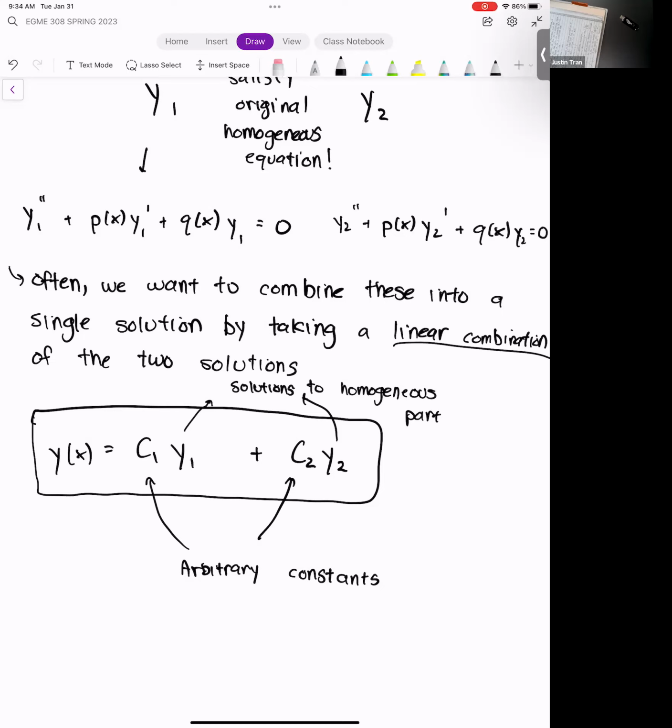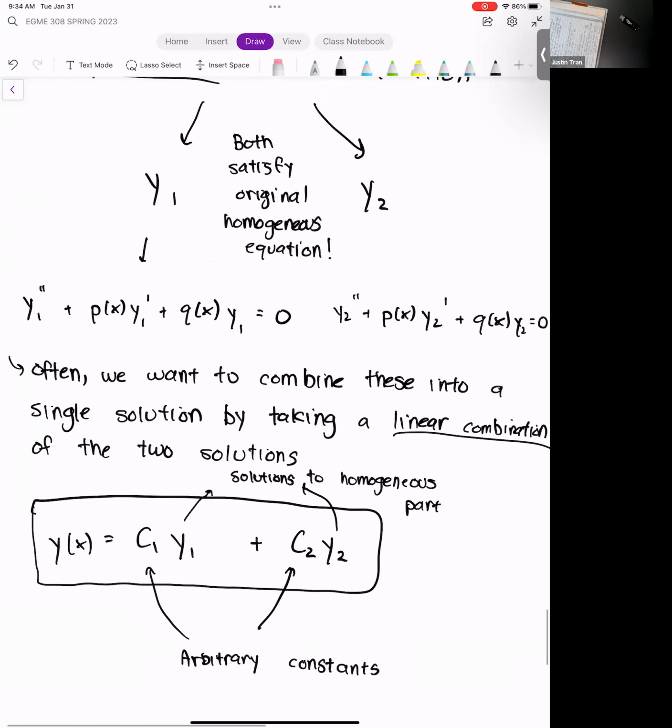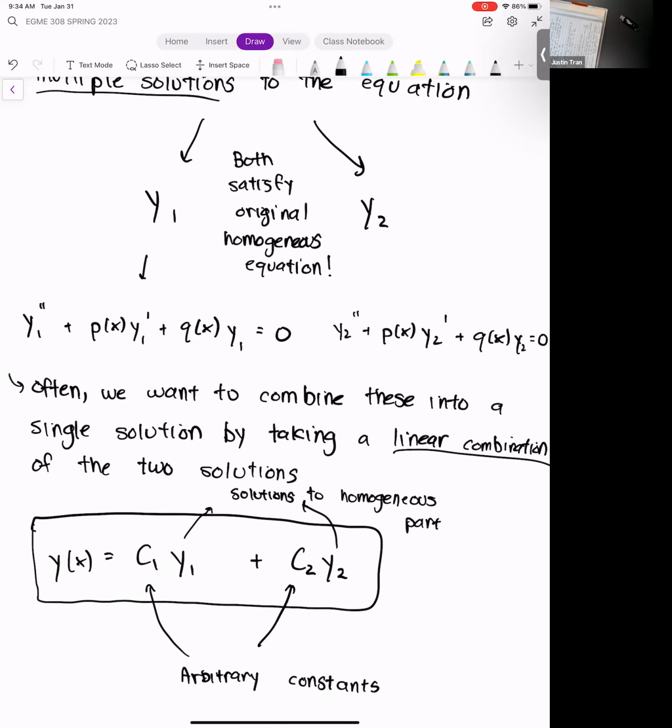Any questions on this so far? All right, so you may be asking: we know y1 is a solution and y2 is a solution, but is their linear combination still a solution? It seems like we're making a lot of changes, multiplying by arbitrary constants and adding these two together. Is this still going to work?